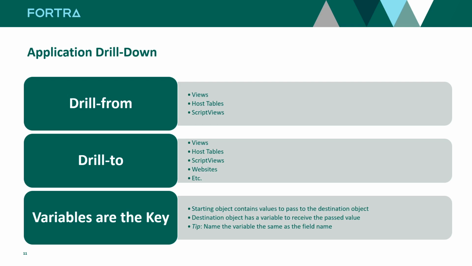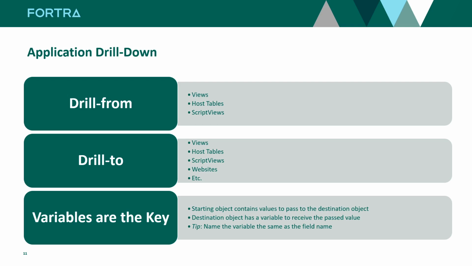With the variables, you want to make sure that the starting object, we'll just use view for an example, your starting view contains a value that is going to be passed from the start into the drill down end.